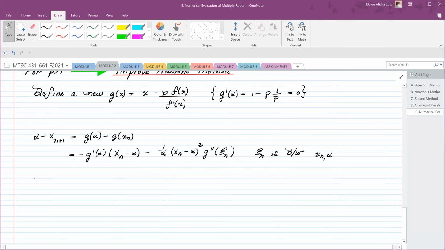So we get alpha minus x_{n+1} is equal to minus 1/2 (alpha minus x_n) squared times g double prime of c_n. Okay, I'm a little confused here.